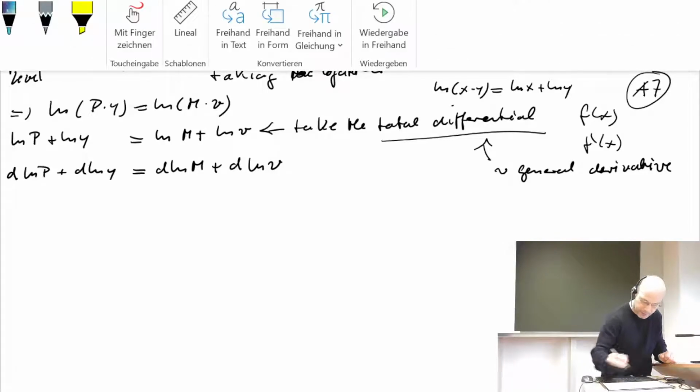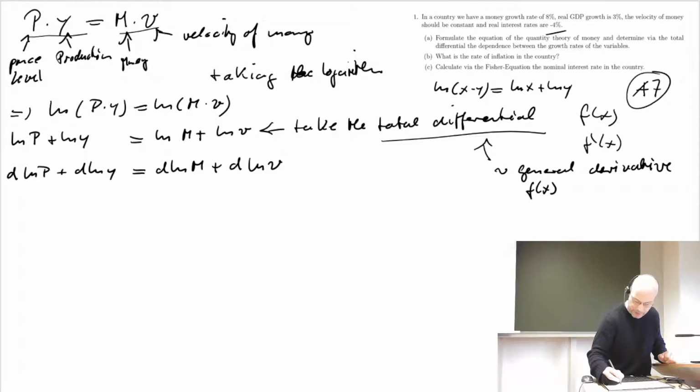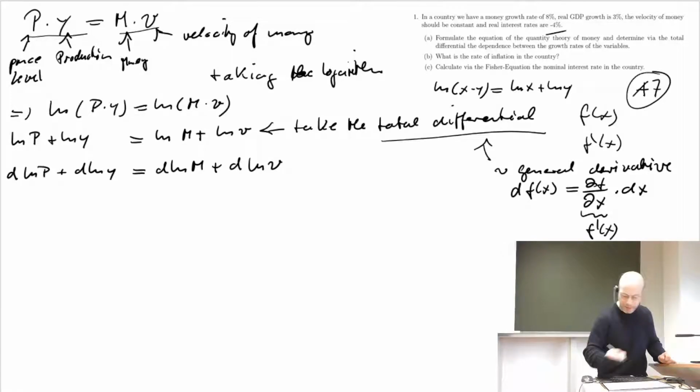If we again have something like f of x, then df of x is just df/dx times the change of x, and this is in your one-dimensional calculation just f prime of x. So what we now have to know is the derivative of ln p. Or if we have f of x equals ln x, what is f prime of x?